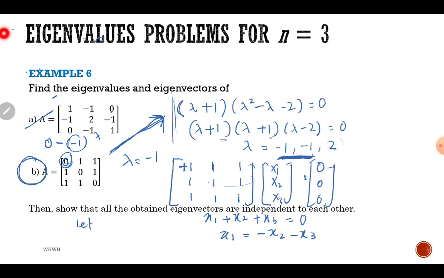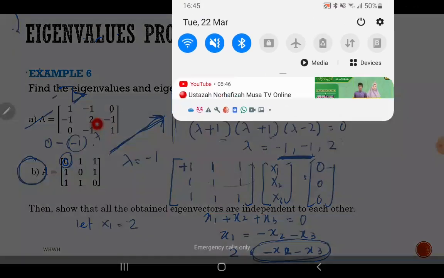Let's say I let x1 equal 2. If we let x1 equal 2, then negative x2 minus x3 equals 2. So if we let x1 equal 2, how do we make the right hand side equal to 2 as well?